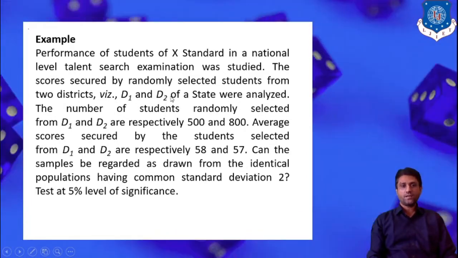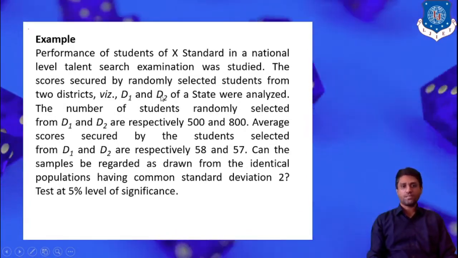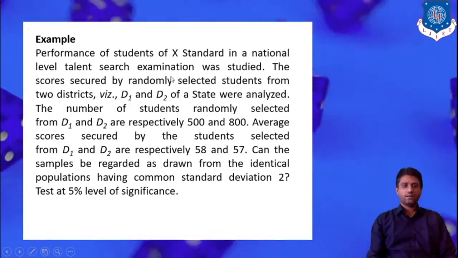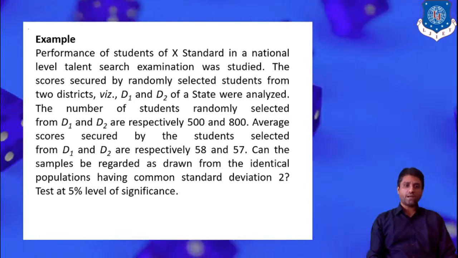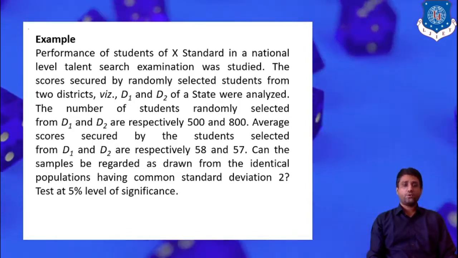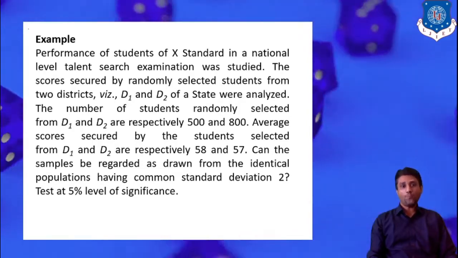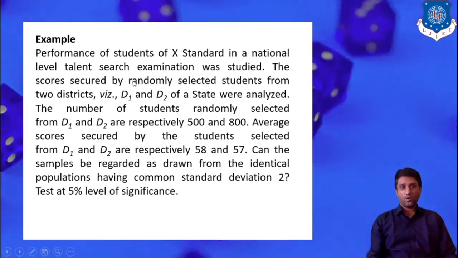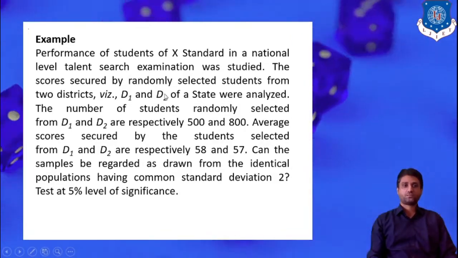So D1 and D2 may be two different districts, and our aim is to check whether the two means corresponding to the two populations are the same or not. That's why we consider two different districts.